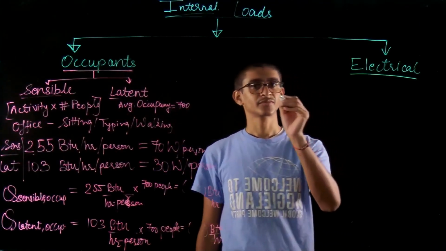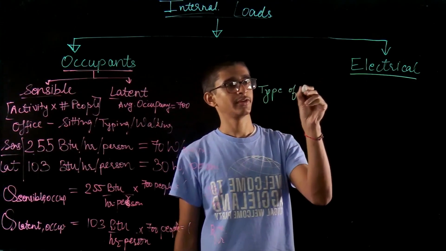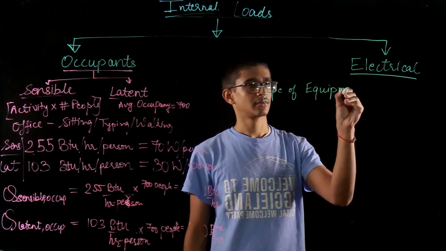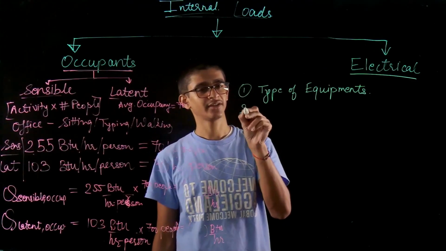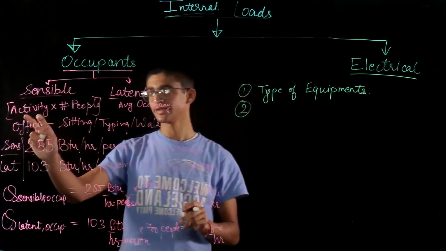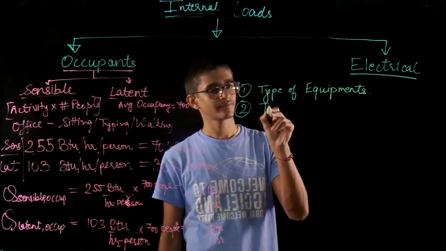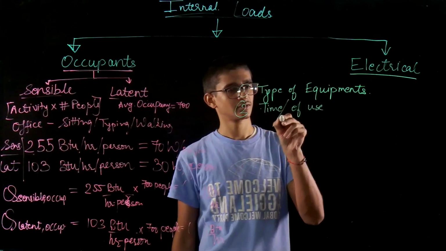What we need is the type of equipment. Over here, the two factors were the activity and the number of people. Over here we have the type of equipment and the time of use, the duration of use.